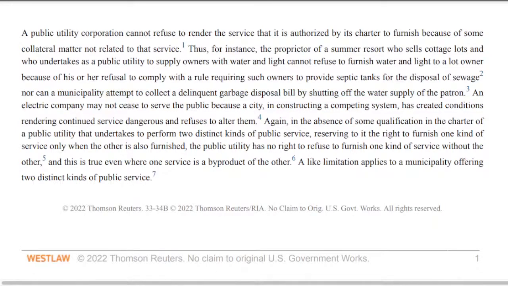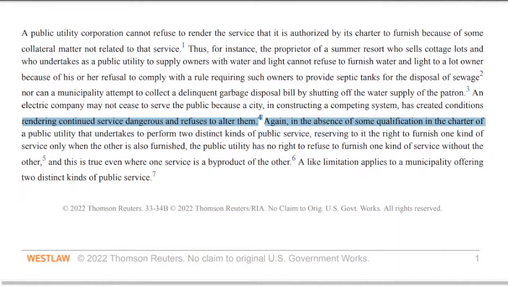Nor can a municipality attempt to collect a delinquent garbage disposal bill by shutting off the water supply of the patron. An electric company may not cease to serve the public because a city, in constructing a competing system, has created conditions rendering continued service dangerous and refuses to alter them.